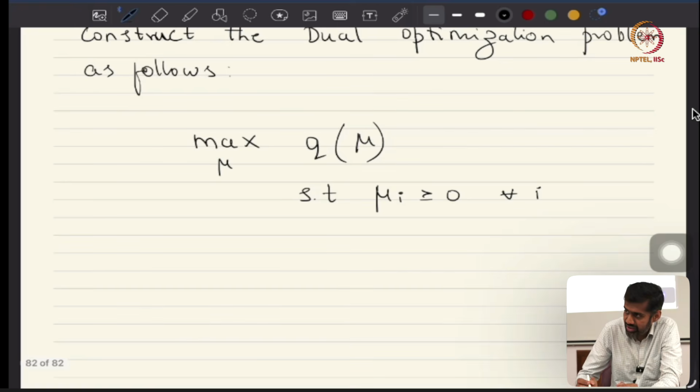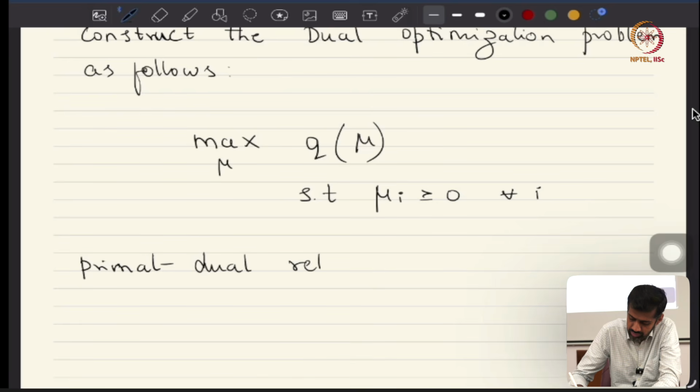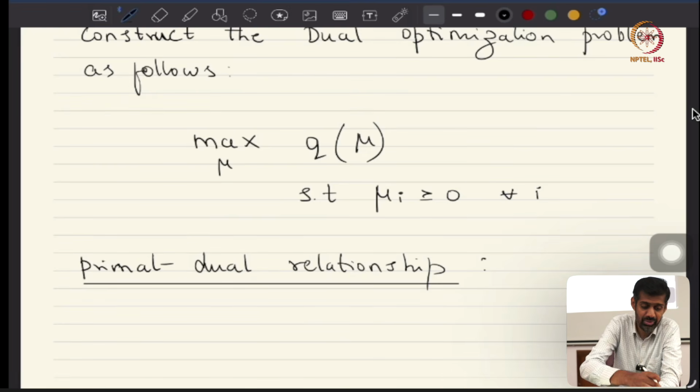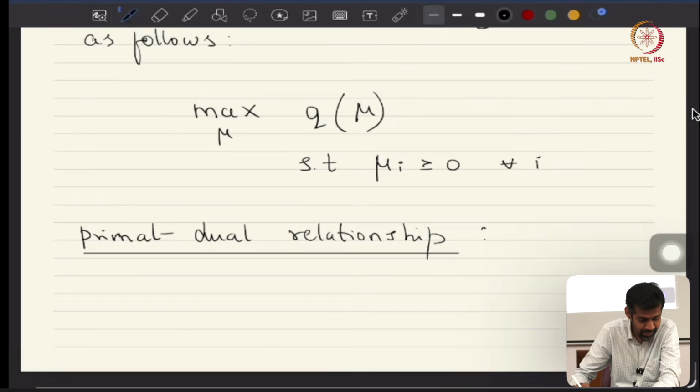To solve this, we need something called the primal-dual relationship. All of these have rigorous proofs; I'm just using them, assuming that people have the background in optimization theory.